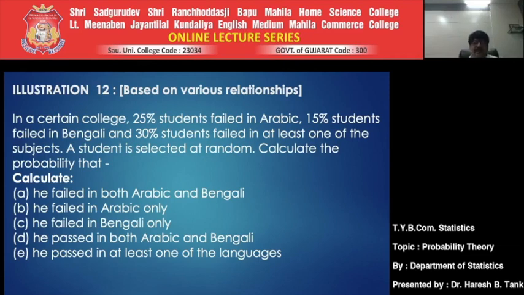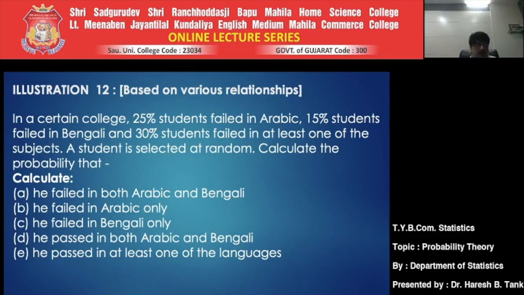Similar logic applies to Bengali, 15%. To eliminate percentage, we have to divide by 100. So 15 divided by 100 is 0.15. So probability of B is 0.15. The third information, if one is interested in putting it in notational form, what should be the notation? 30% students fail in at least one.